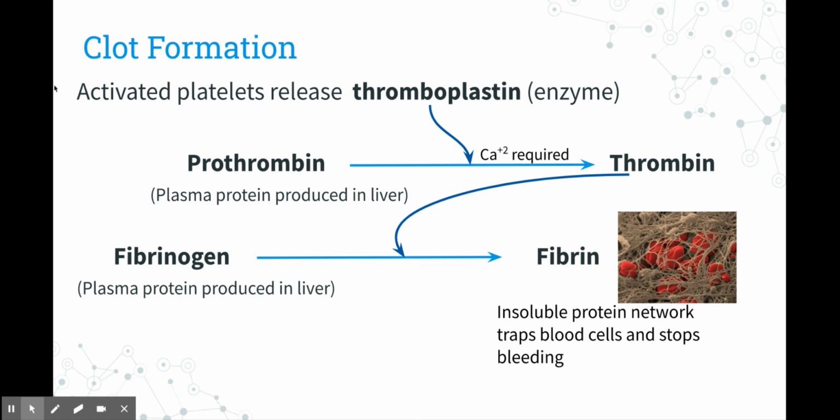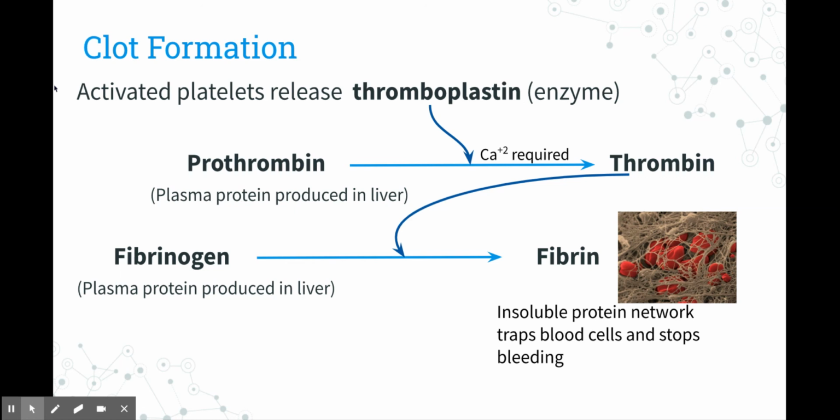There are enzymes and hormones involved in clot formation. Those activated platelets with their sticky tentacles release an enzyme called thromboplastin. And in your notes, you can see some arrows and blank spaces to copy down this diagram. That thromboplastin enzyme activates a plasma protein called prothrombin and it becomes thrombin.